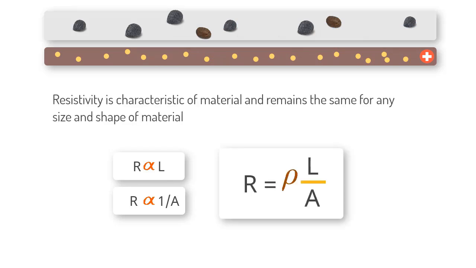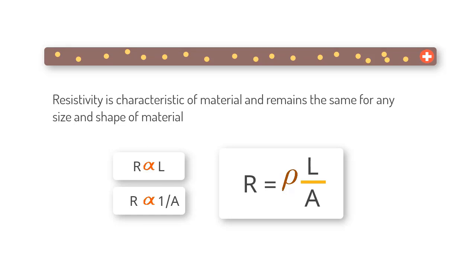Now here you can see resistivity is characteristic of a material and remains the same for any size and shape of a given material, but resistance of course changes with shape and size of the wire.